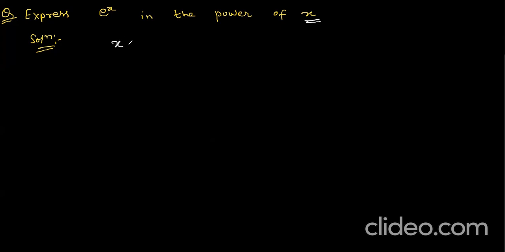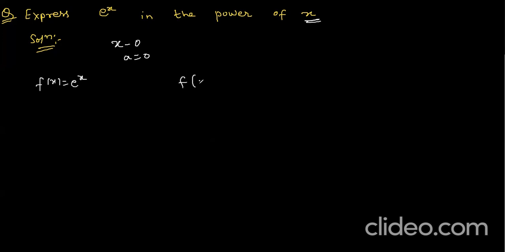So in the power of x means x minus 0. Okay. So a is 0. Okay. f(x) is what? e raised to x.